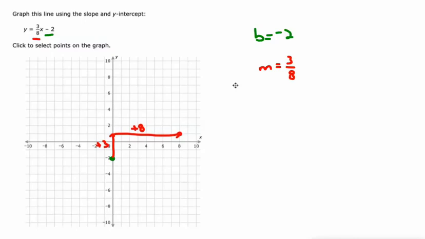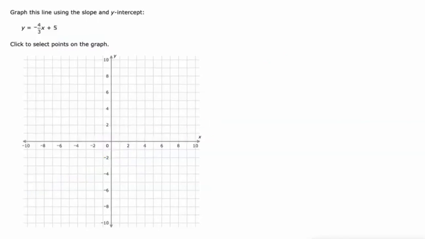So that's all the points we need in order to graph a line through our y-intercept at -2, and then using our slope, extend it right through those points. There we go. That's a line with a slope of 3/8 and a y-intercept of -2.